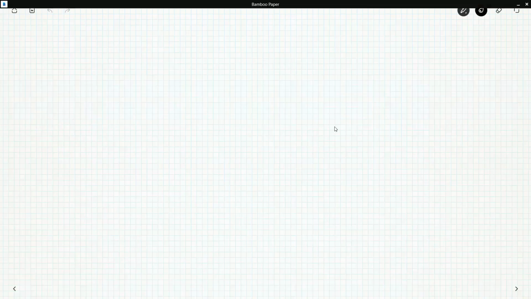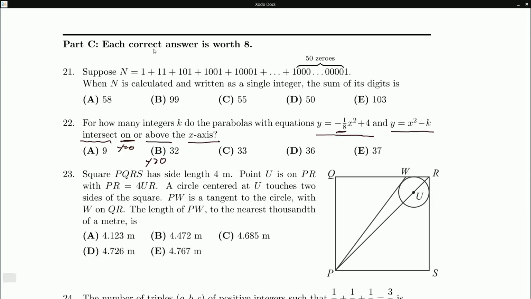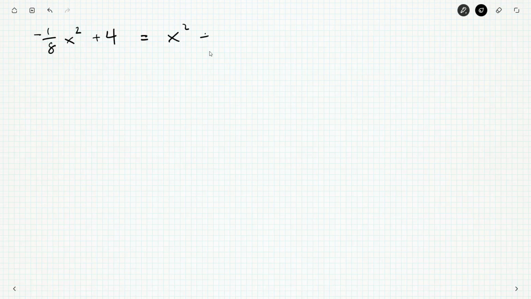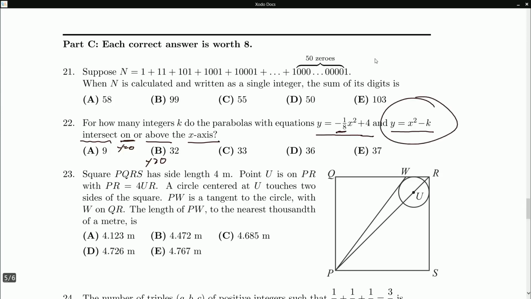All right, let's start off by intersecting these two parabolas. So we have negative 1/8 x squared plus 4. It was plus 4, right? Yeah, plus 4. And x squared minus k, it was minus k, correct? Yeah, minus k.